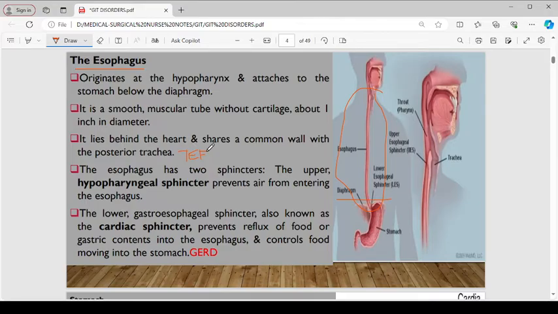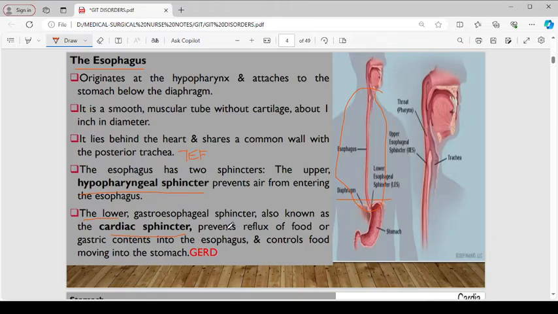You can review that. So the esophagus has two sphincters. We have the upper and the lower. The upper, which is the hypopharyngeal sphincter, prevents air from entering the esophagus, while the lower one, which is the cardiac sphincter or the gastroesophageal sphincter, prevents reflux of food or gastric contents into the esophagus and controls food moving into the stomach.